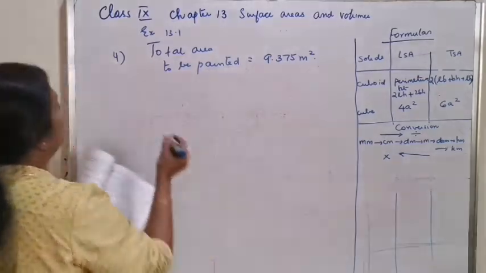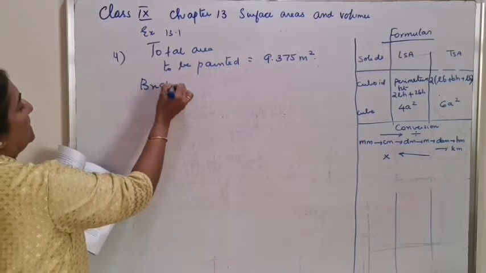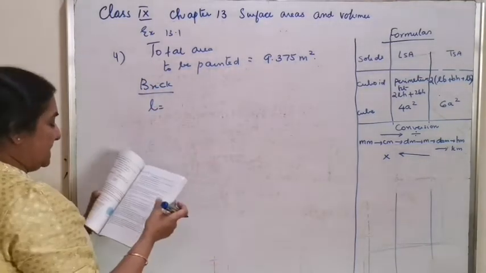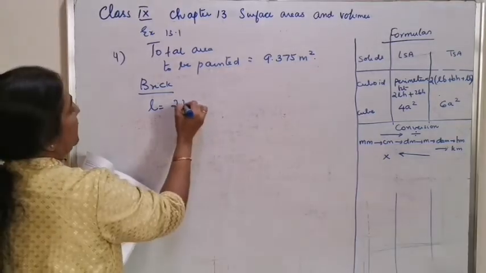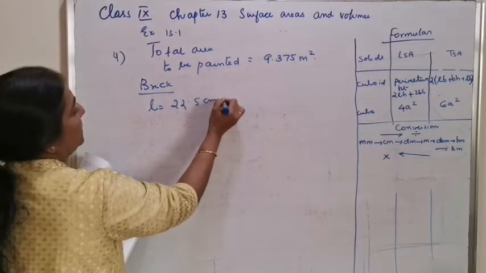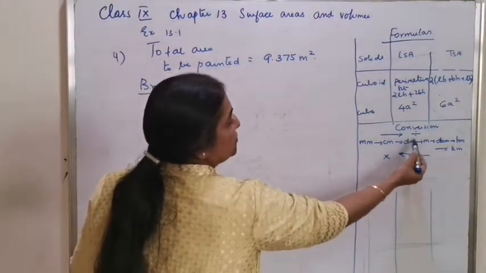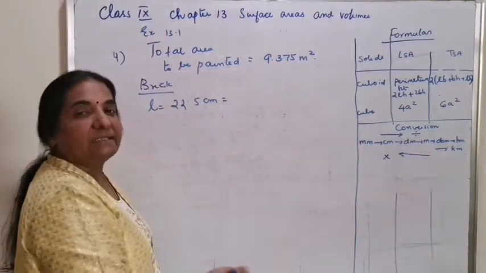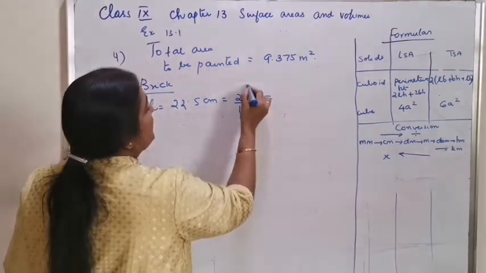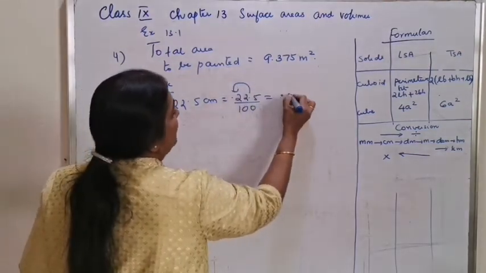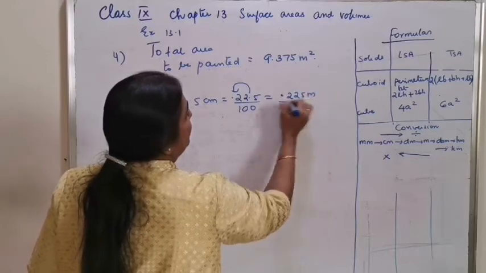So the length of the brick is given as 22.5 centimeter, which is the same as, you can see here, centimeter moving to meter is 2 steps to the right, which is the same as shifting 2 decimal places: 0.225 meter.